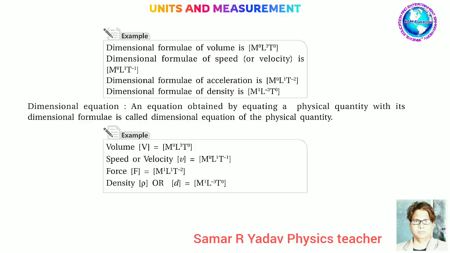Speed or velocity V is equal to [M0 L1 T-1]. Force F is equal to [M1 L1 T-2]. Density rho or D is equal to [M1 L-3 T0].